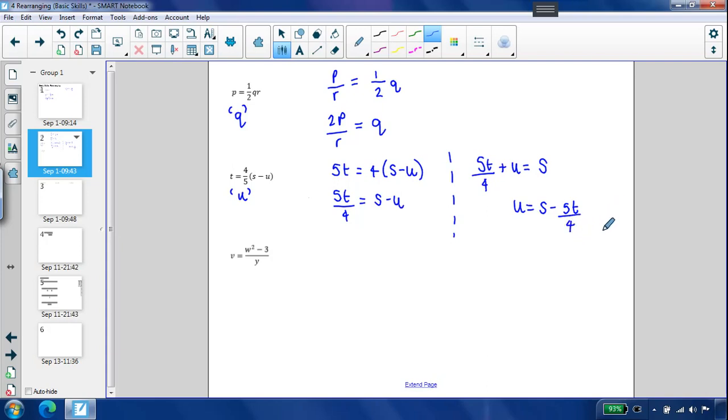So there are a few methods for this one, but really we all should have got to this final stage, as that is the correct answer. U is equal to S minus 5t over 4.